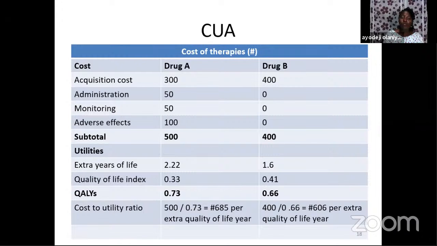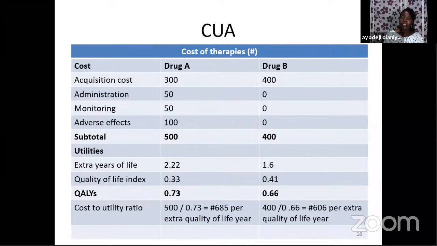So the cost to utility ratio, we get that by dividing the cost by utility. The cost for drug A, 500, divided by utility, 0.73. We have 685 for drug A.